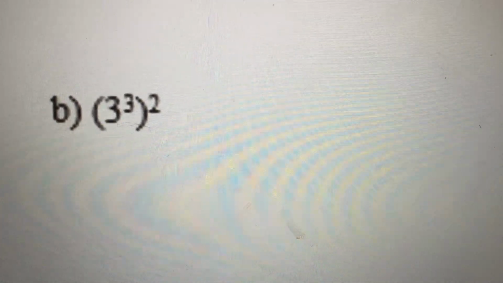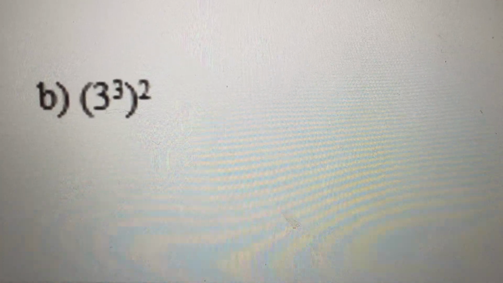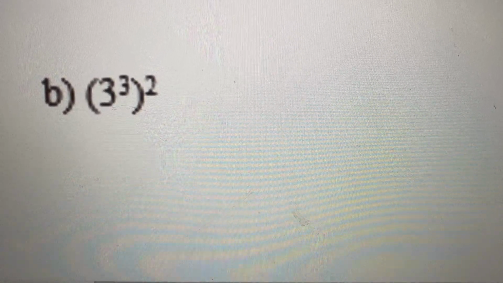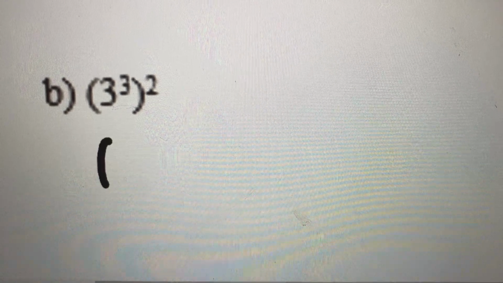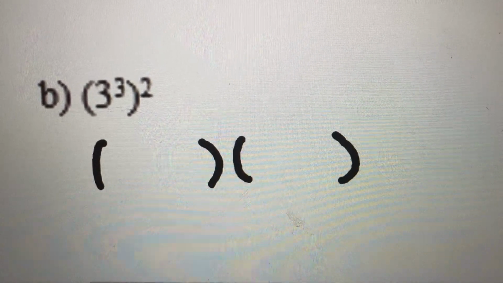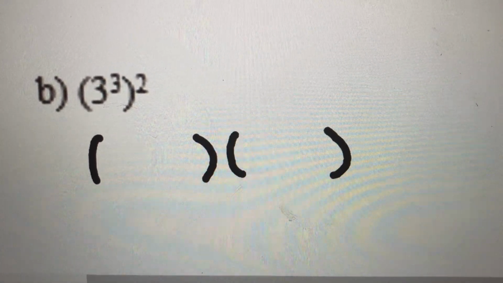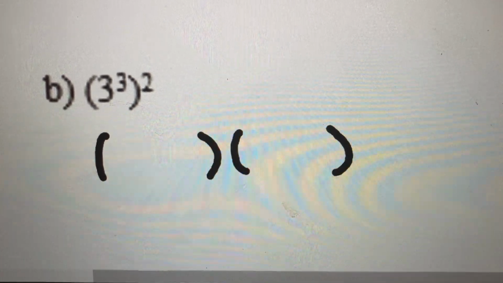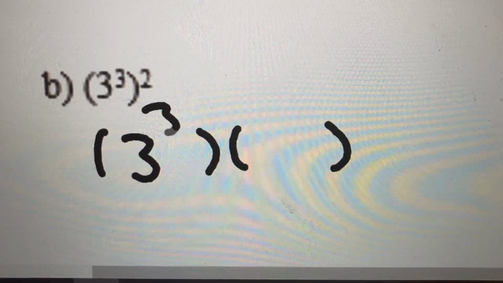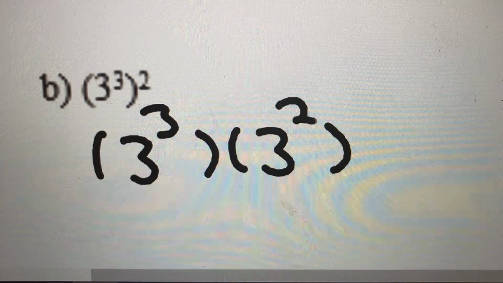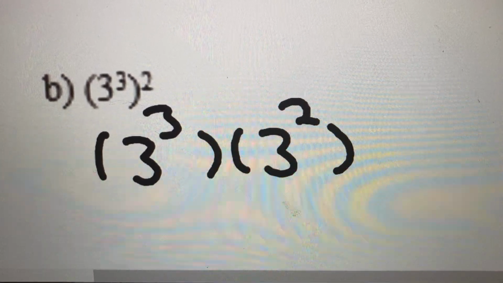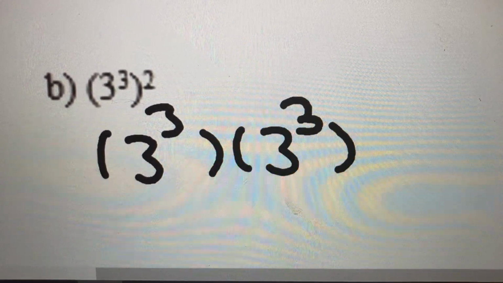So the next one, 3 to the third squared. The square is acting on the parentheses right below it. So I have 2 sets of parentheses with a power of 2. And in each parenthesis, I have the 3 to the third.